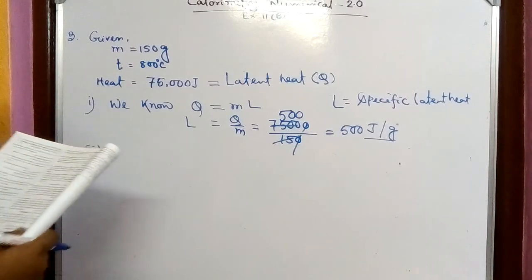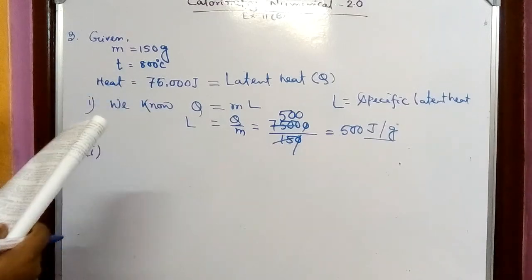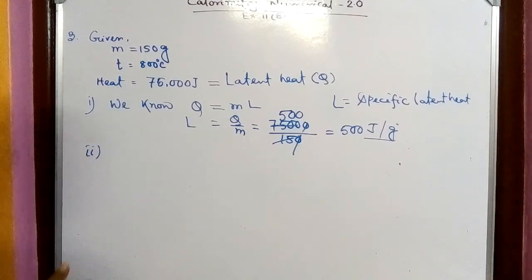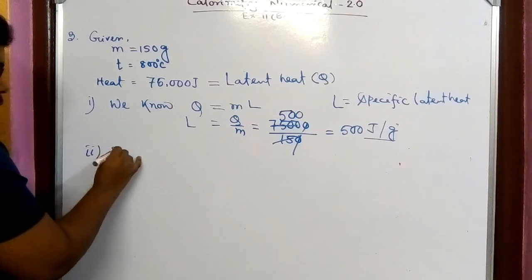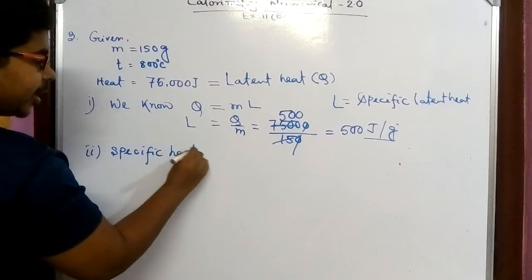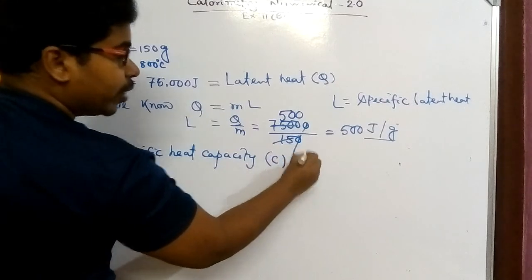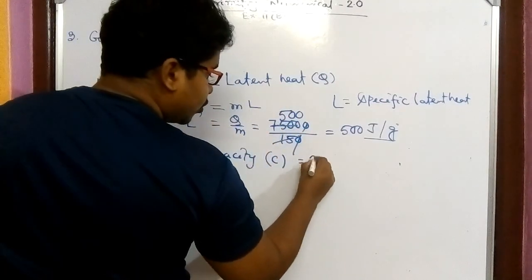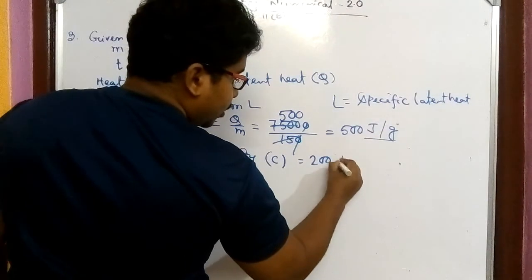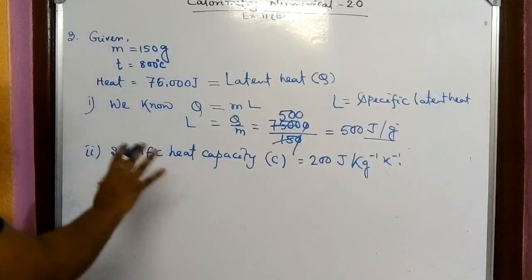The question says the specific heat capacity of the metal is 200 joule kg inverse Kelvin inverse. Specific heat capacity, as we learned in the previous part, is denoted by small c, from mc del T. So c equals 200 joule kg inverse Kelvin inverse, that is its specific heat.